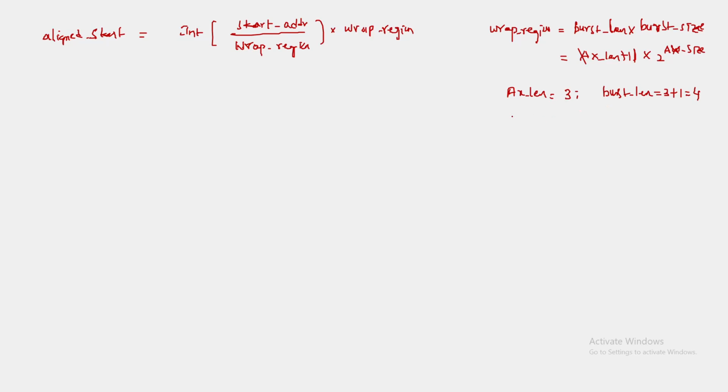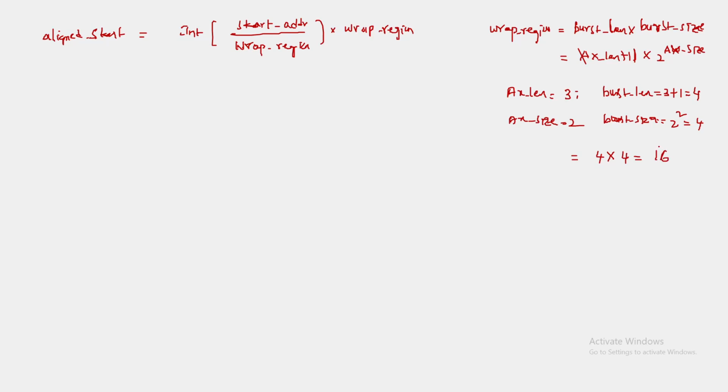And AX size is 2, so based on that we get the burst size, that means 2 power 2, which is 4. Burst size is 2 power 2, 4. Then the wrapping region should be 4 into 4, that is 16 we will get.